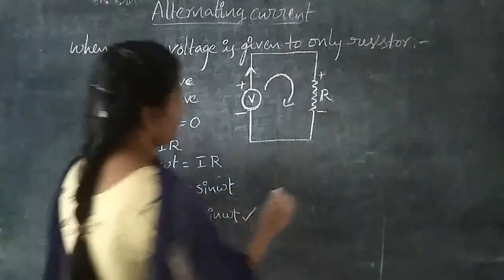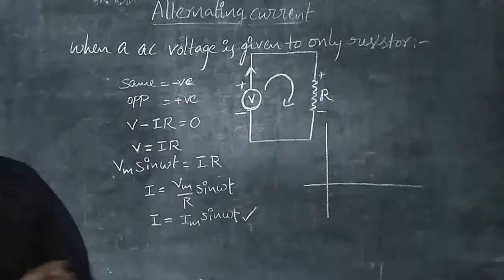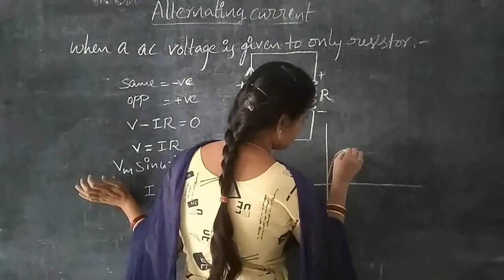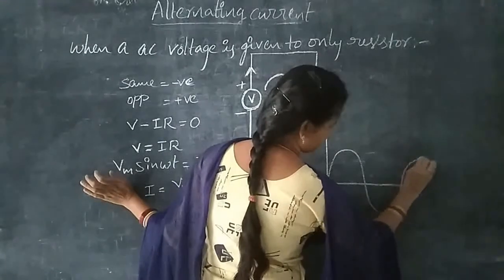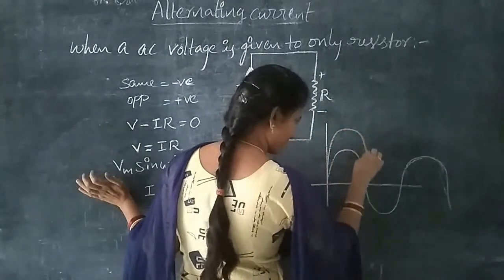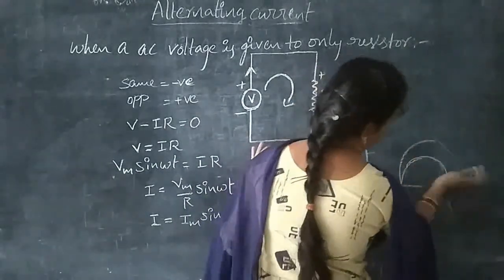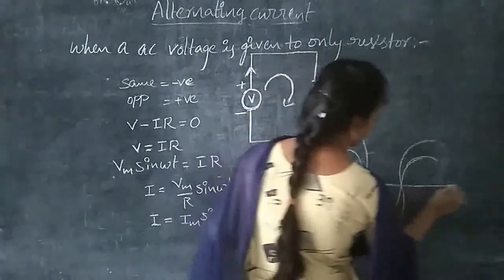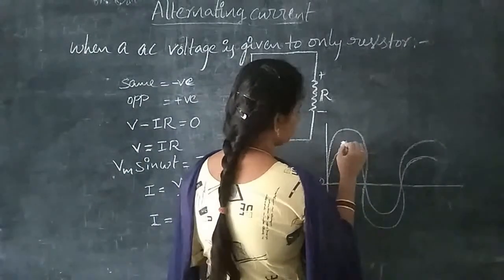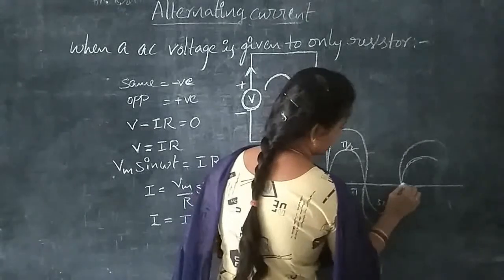Let us plot a graph. On the axis we mark 0, pi by 2, pi, 3 pi by 2, and 2 pi.